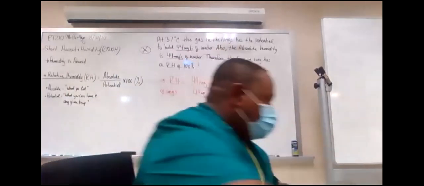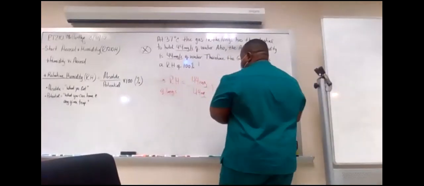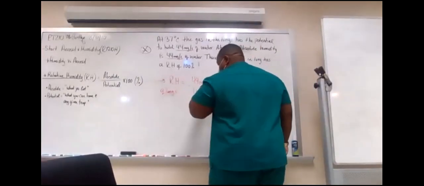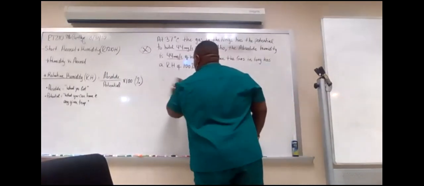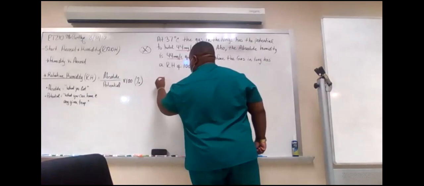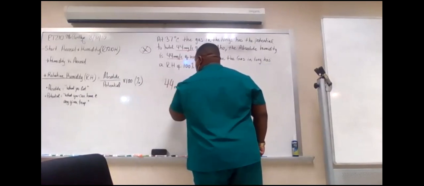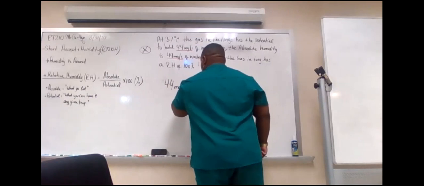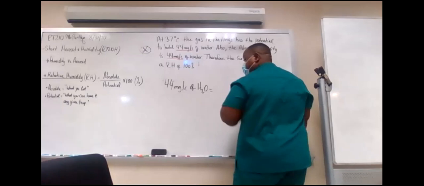All right? So 44 milligrams per liter of water, H2O, equals how much pressure?